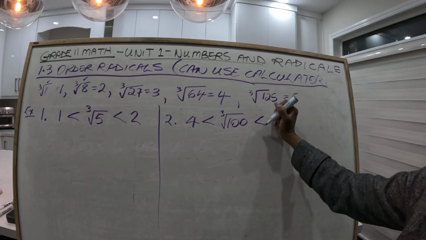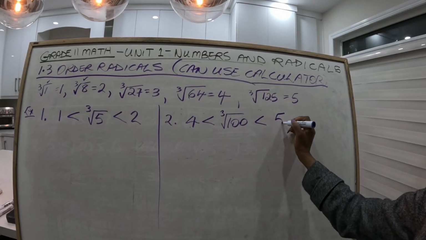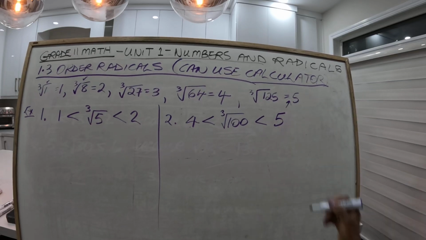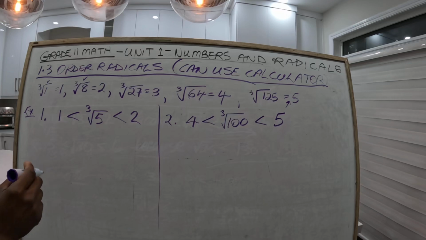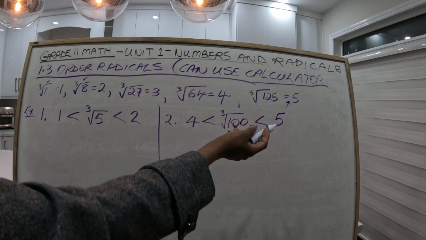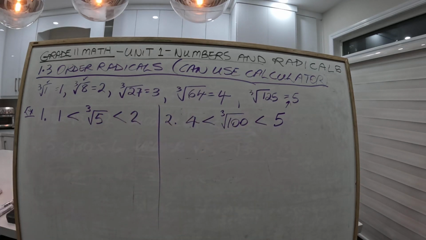Actually, you don't need to put that, you just put 5 because we know that that's what this is. So the same applies for cubes as it applied for the squares.